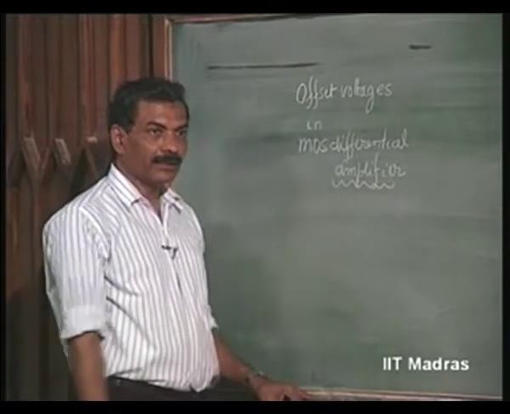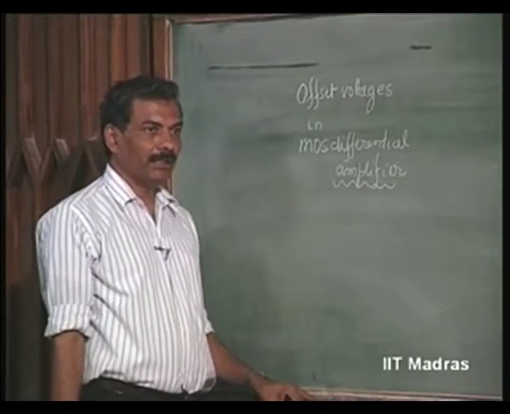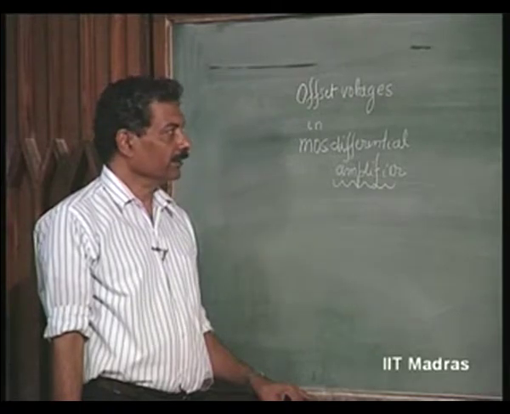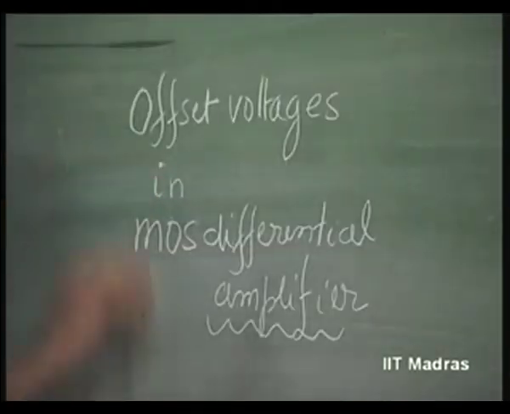Just as we had discussed offset voltages in BJT differential amplifiers, let us also consider offset voltages in the MOS differential amplifier.